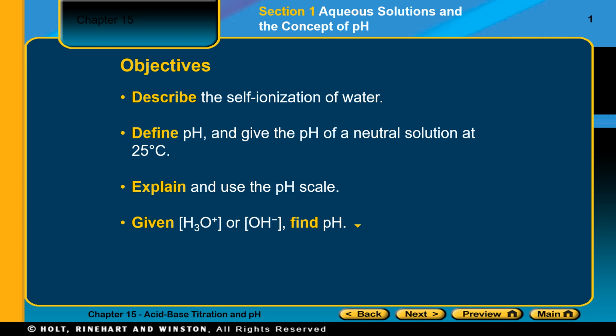And then in this section today, if you're given the hydronium ion concentration, can you figure out the hydroxide, or vice versa? Tomorrow we'll take that one step farther and figure out the pH. And then flipping that around, if you've been given the pH, can you find the hydronium ion concentration or the hydroxide ion concentration?